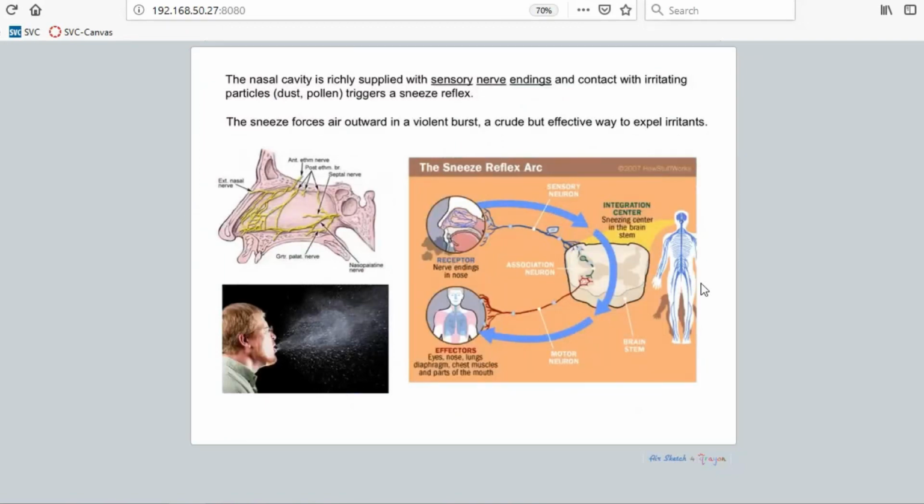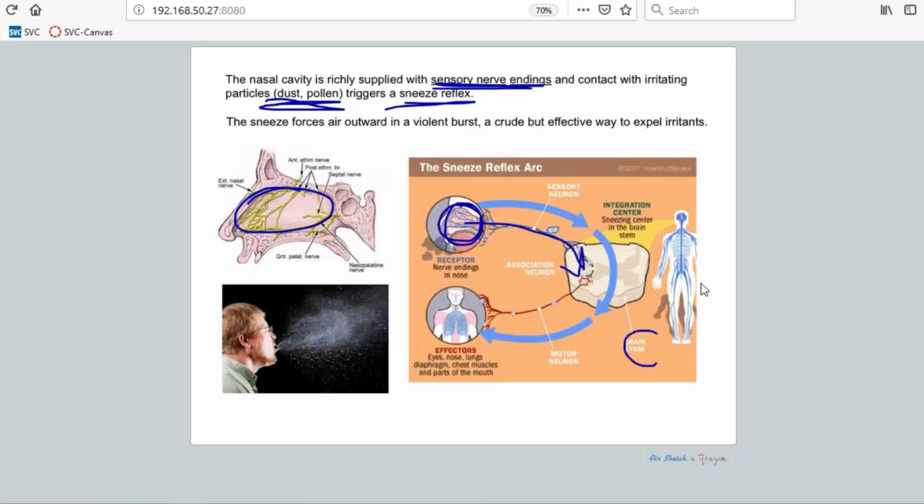Some other functions of the, well, I guess this falls along the same function here. All of this has to do with filtering air, cleaning air before it gets down deeper into the lungs. So another way that this happens is within the nasal epithelium, you have sensory nerve endings. And if those sensory nerve endings make contact with irritating particles, it triggers a sneeze reflex. So we detect that information. It goes to the brain stem.